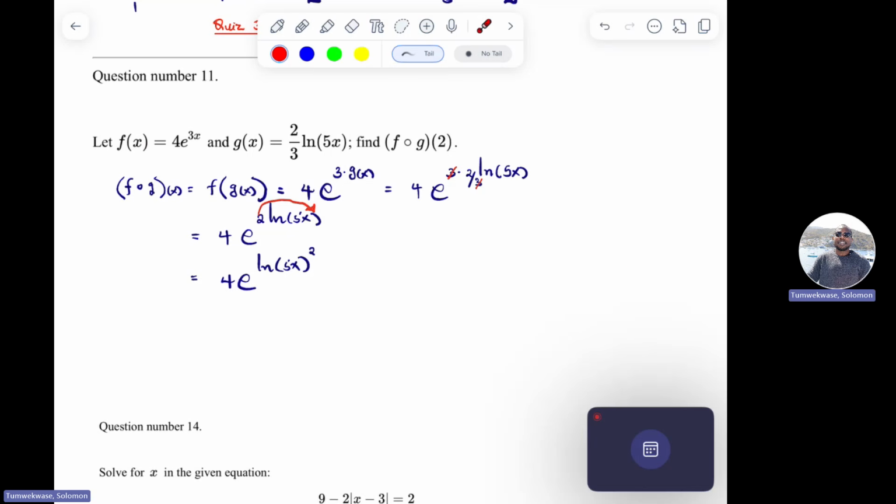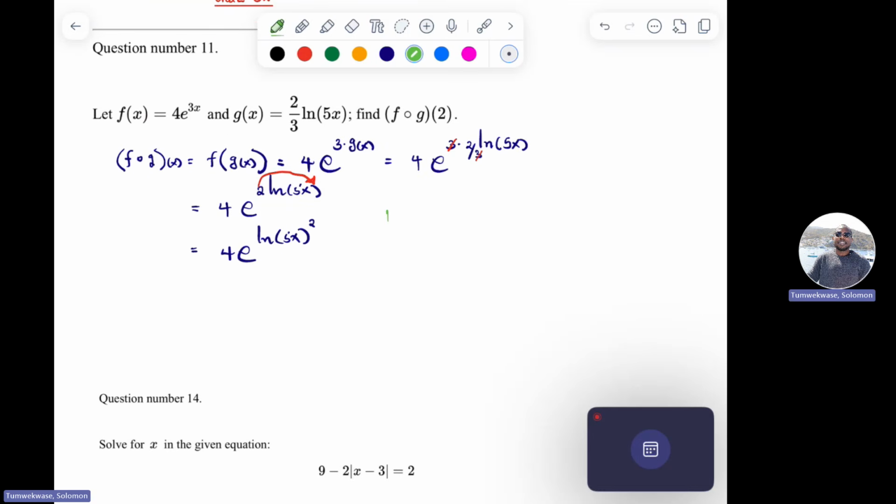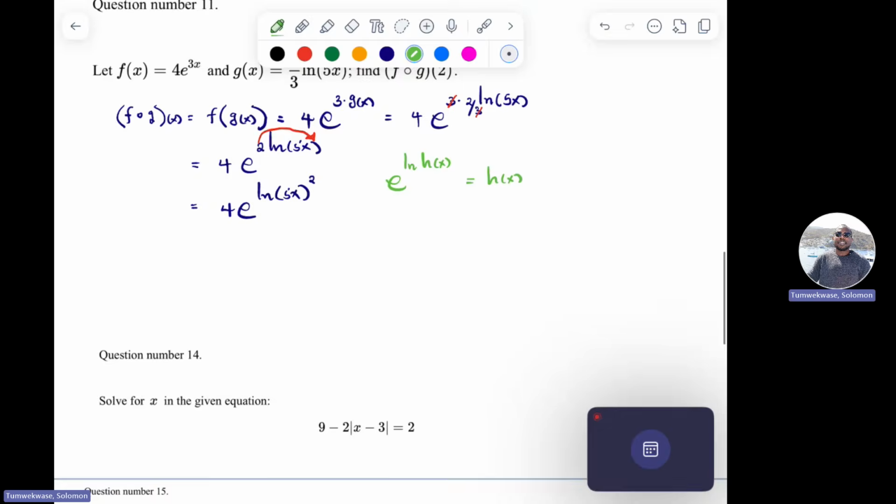Okay, but remember one other thing, remember that whenever I have exponential natural log of x, I just get x. Generally, exponential natural log of a certain function, let me use h of x, this just gives h of x, okay?